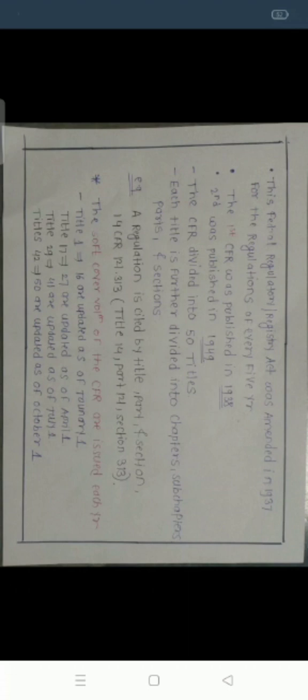Titles 17 to 27 are updated as of April 1st. Titles 28 to 41 are updated as of July 1st, and titles 42 to 50 are updated as of October 1st.